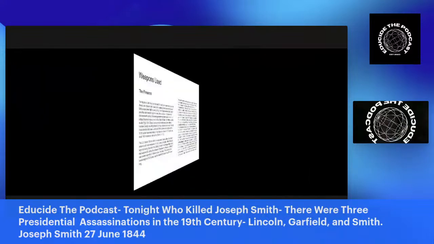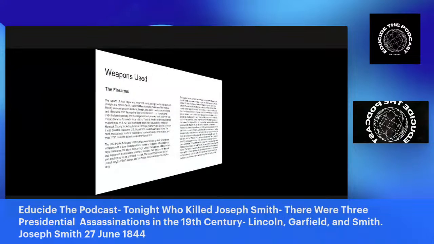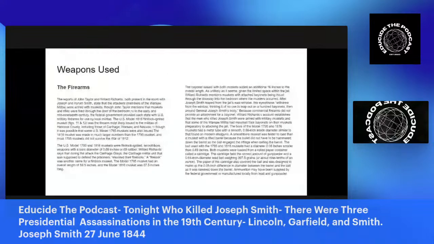Next, we will look at the firearms used. The reports of John Taylor and Willard Richards were that both were present in the room. However, the bullet holes in the body were not of the .69 caliber muskets that were built in 1795 and 1816 that were used by the mob.